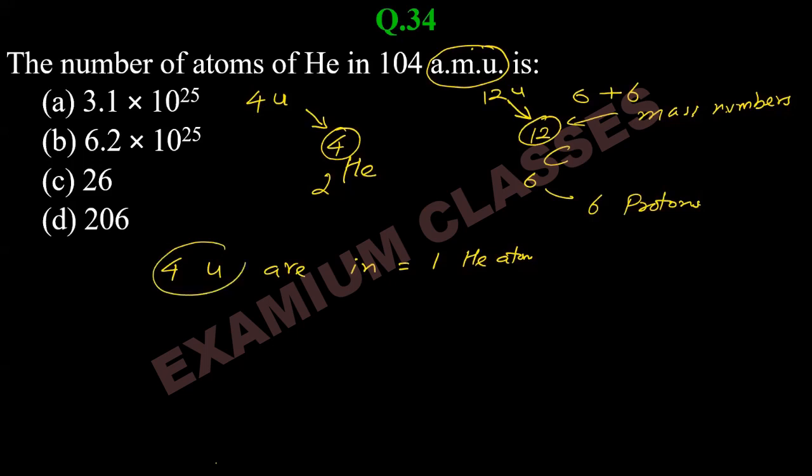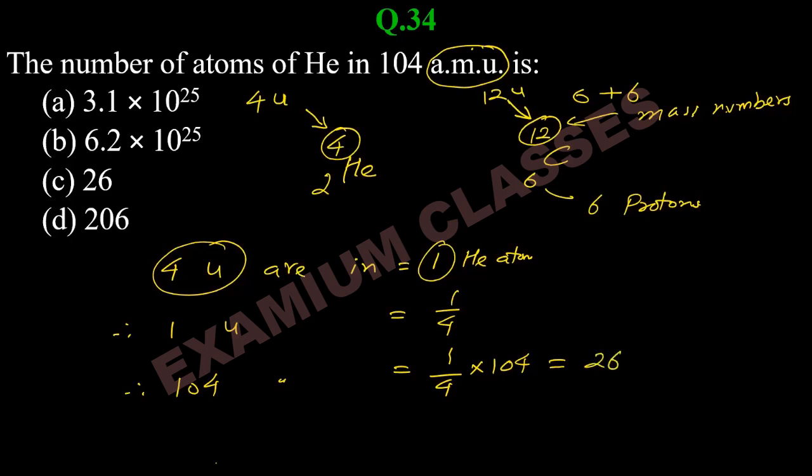So if 4 units constitute one helium atom, you have 104 units. These will be in how many atoms? From that, you will apply the unitary method. Hence, 1 unit will be in 1 by 4 helium atom. Hence, 104 units will be in 1 by 4 into 104, that is 26 atoms of helium.